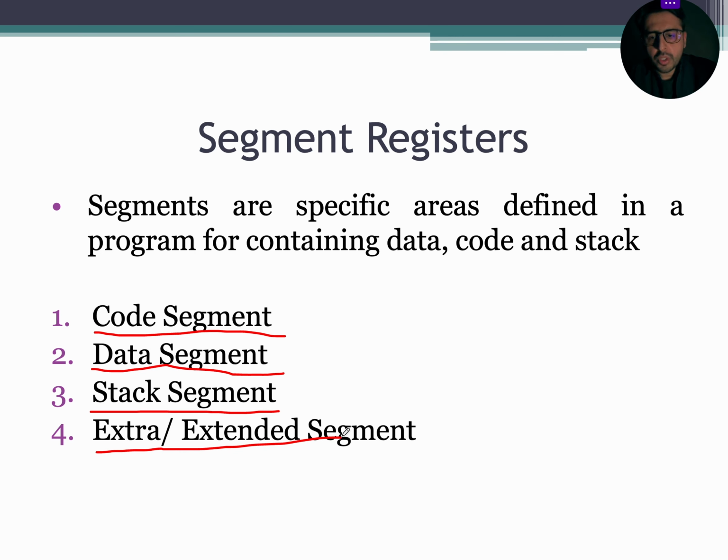It is used to store variables in case the data segment is not sufficient to store all the variables. A 16-bit extra or extended segment register, also known as ES register, stores the starting address of the extra or extended segment.